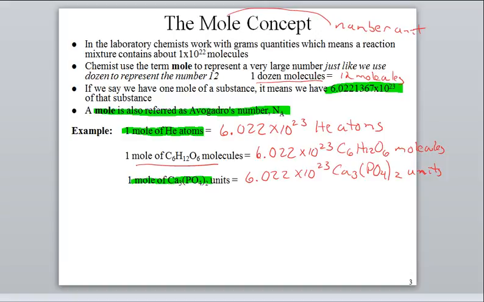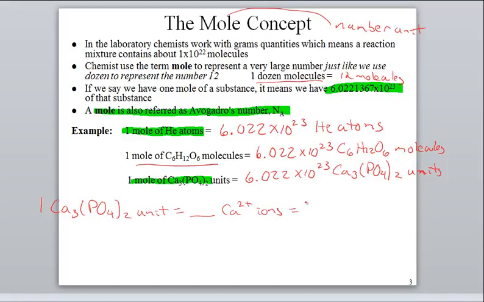Note on this slide you can also make some other relationships. You just may not realize it quite yet. But if I had one calcium phosphate compound, and we'll just write the word unit, or you could write the word compound, you could look at that compound and say how many calcium 2 plus cations are present.